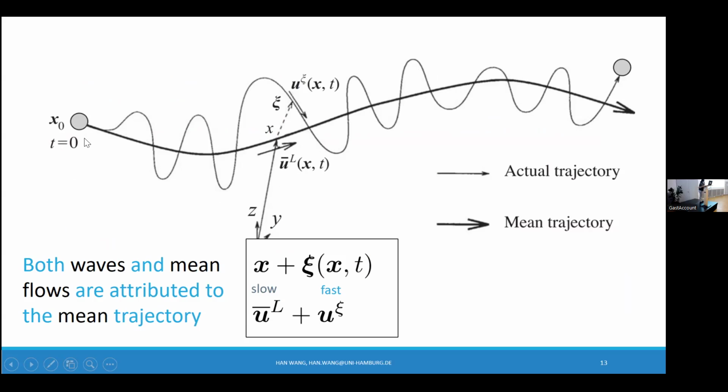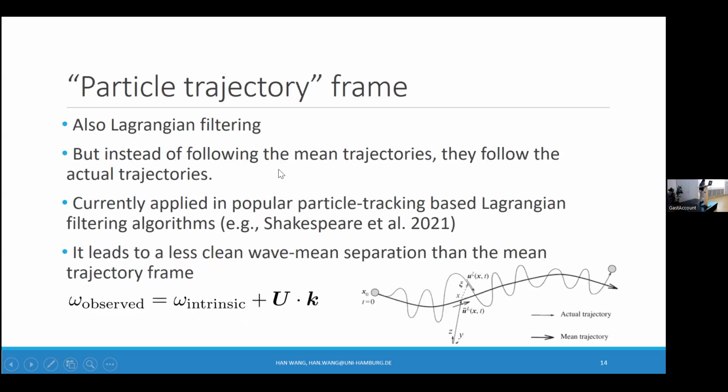And the GLM framework is just saying that when you do Lagrangian filtering, you should follow the mean trajectory, and then you can attribute your filtered velocities. So both the low pass and high pass filtered velocities are attributed to the locations at the same time on the mean trajectory. So this is what we mean more exactly.